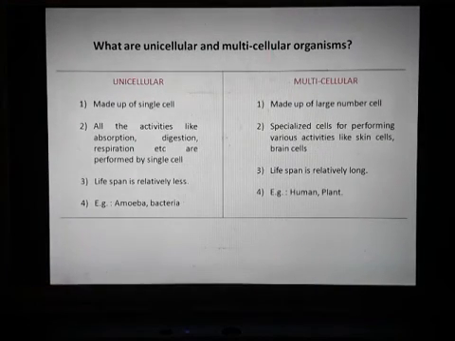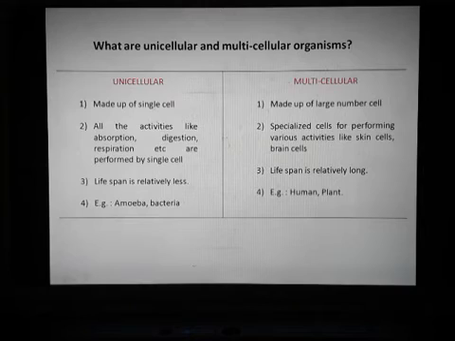Now the next is unicellular and multicellular organisms. Unicellular organisms are made up of a single cell, and multicellular, as the name suggests, are made up of a large number of cells. In unicellular organisms, a single cell performs all the activities, whether it is absorption, digestion, or respiration.